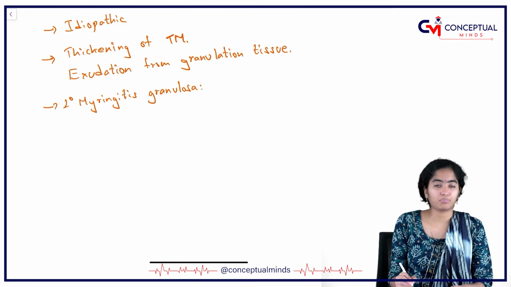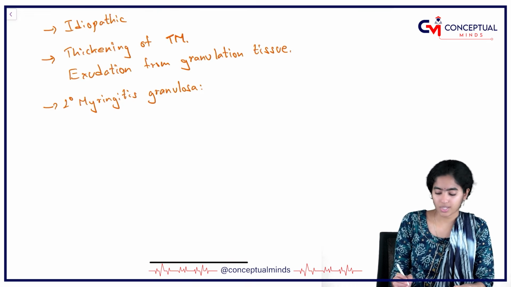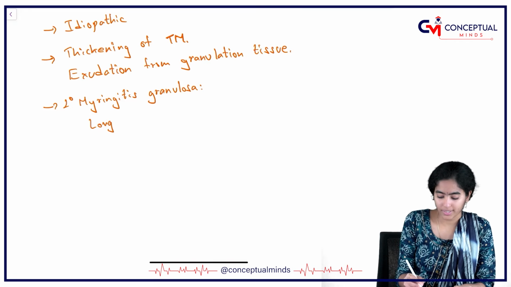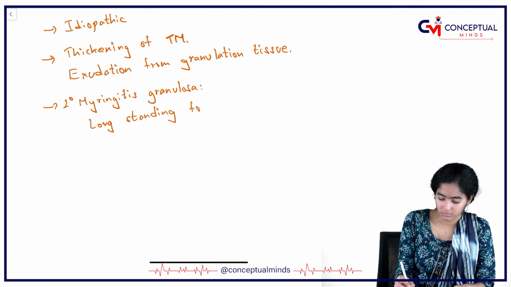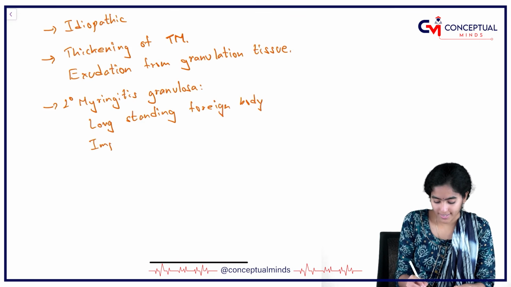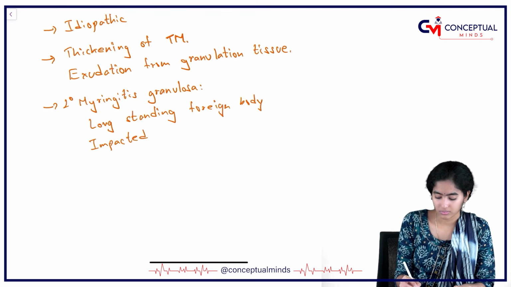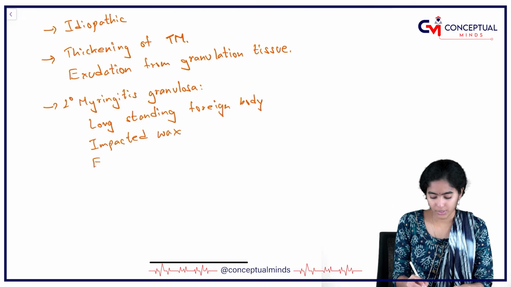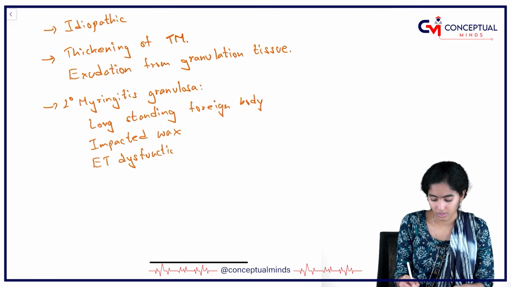So, secondary type of Myringitis granulosa can occur as a result of long-standing foreign body, impacted wax, eustachian tube dysfunction, and otitis externa.